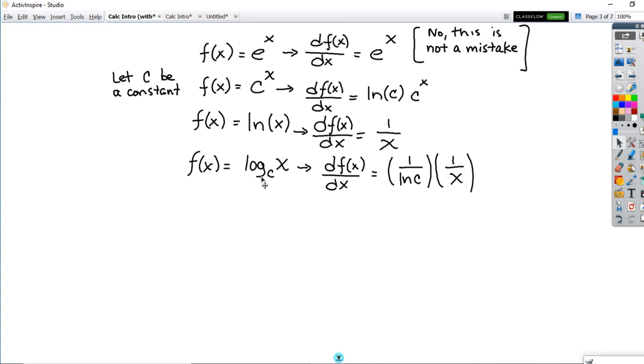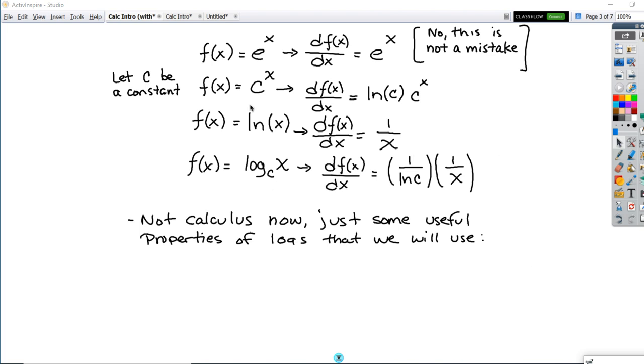So if I take the derivative of this function, I get 1 divided by x, just like the natural log, but then I have to multiply that by 1 over the natural log of the constant, which appears as the constant here.